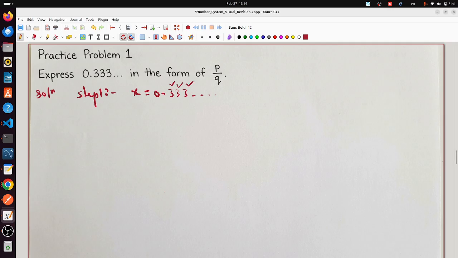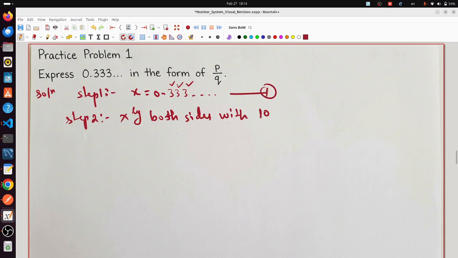That's why in step 2, we need to multiply both sides with 10, because only one digit is repeating.